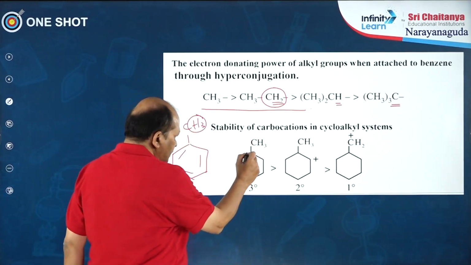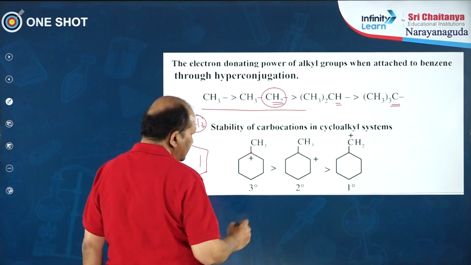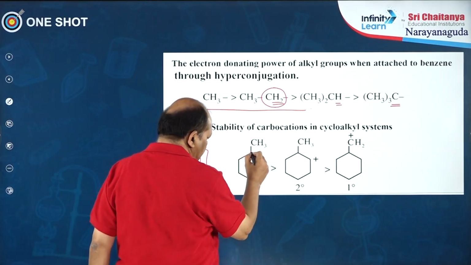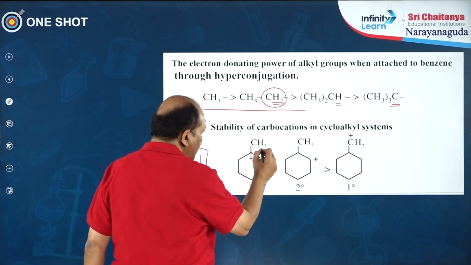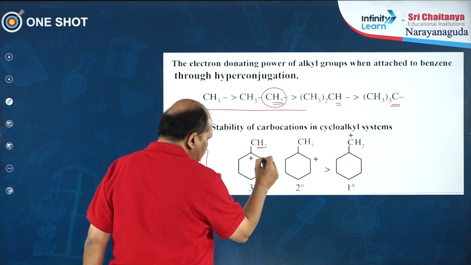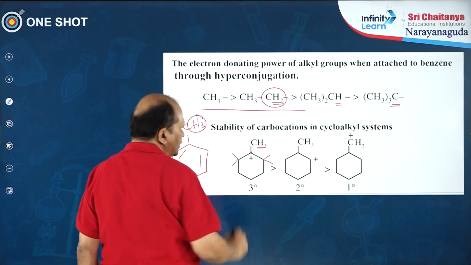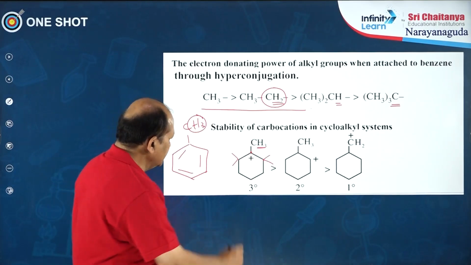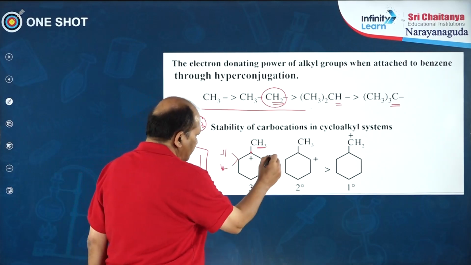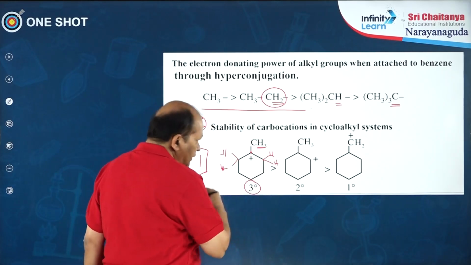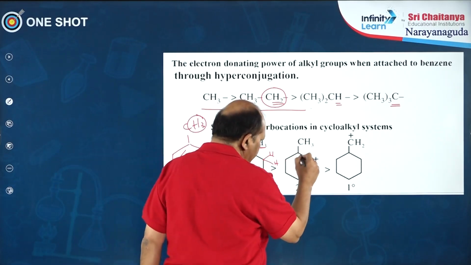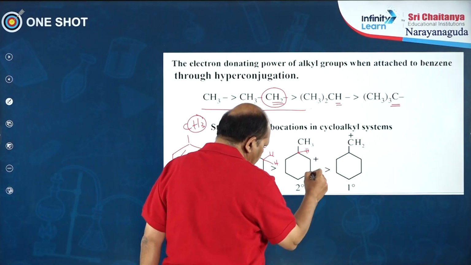You can see this is the sp2 carbon, a third degree carbon, a tertiary carbocation. Now, there are 3 plus 2 plus 2, total seven alpha hydrogens here. In this compound you can see one alpha hydrogen, two more.